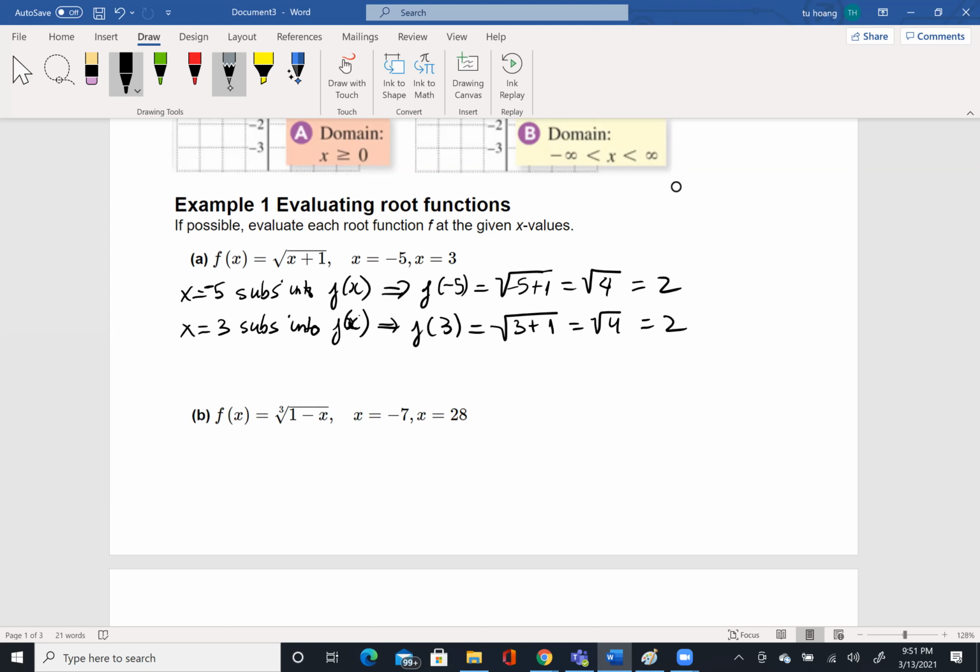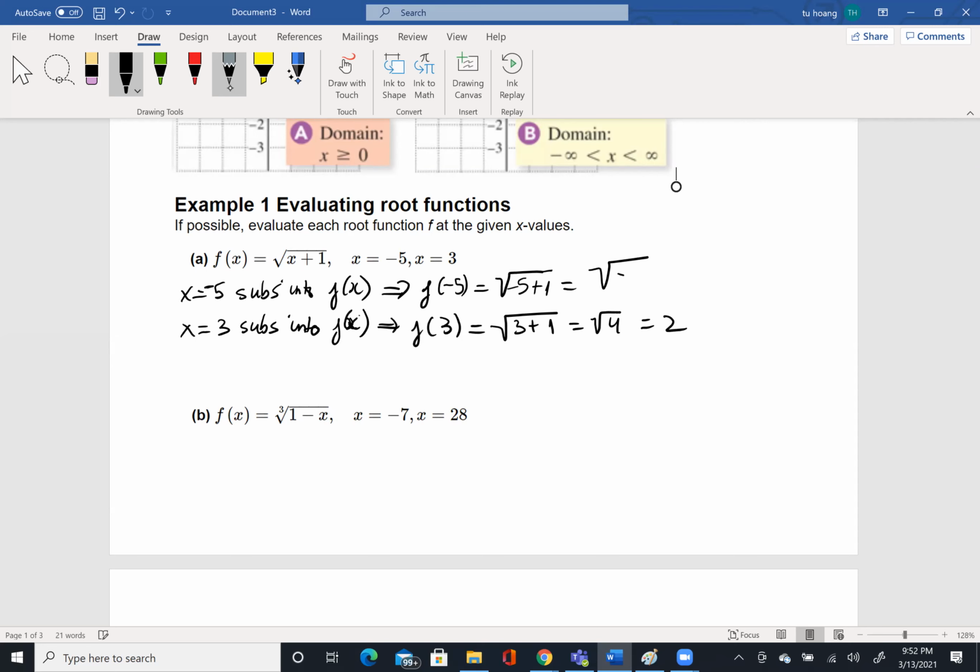Okay. Oh, shoot. I made a mistake over here. It should be -4. Oh, okay, got it. Sorry for that. So it is square root of -4. That's why I cannot do this.